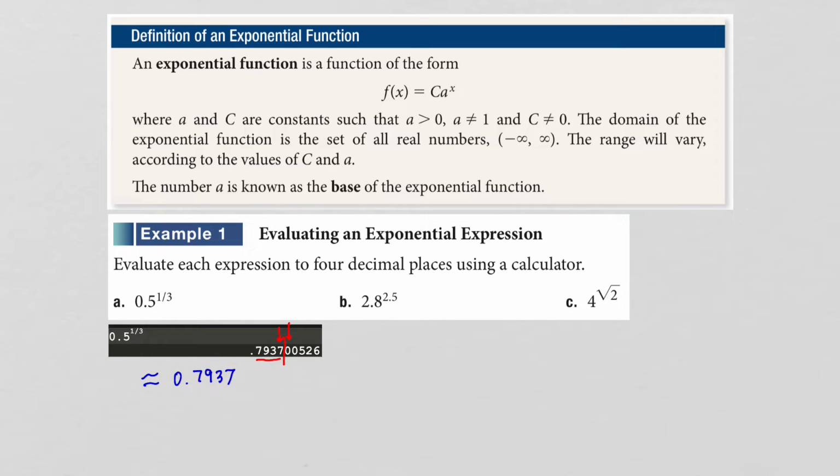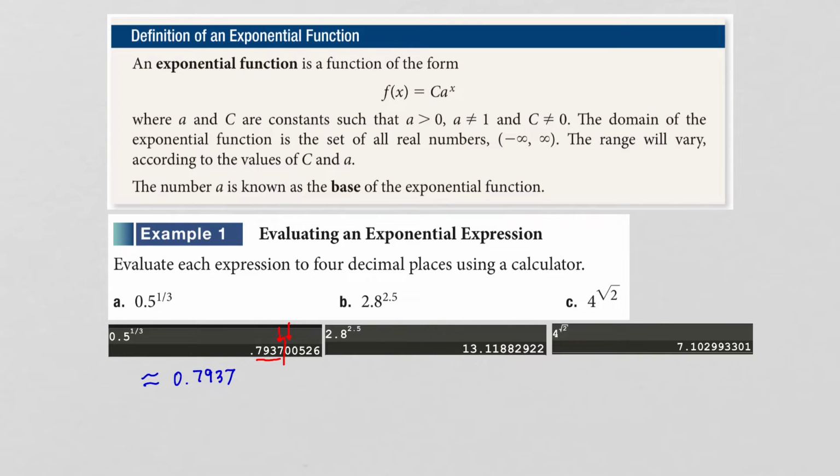Now let's go ahead and evaluate the next 2 expressions. I'll bring those in as well. And on my calculator, they're going to look exactly like what you see here. And so rounding 2.8 to the 2.5 power to the nearest 4 decimal places, we end up getting approximately 13.1188.